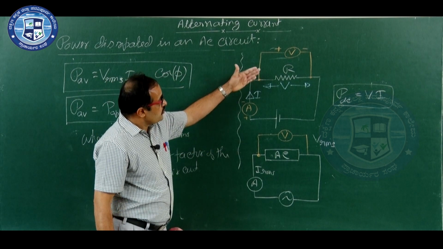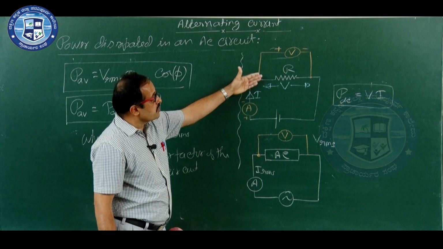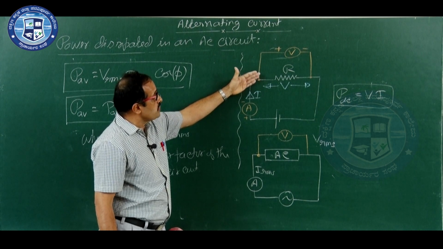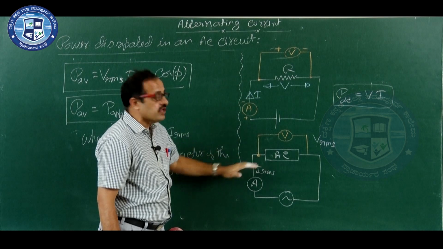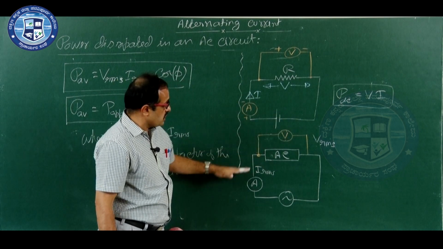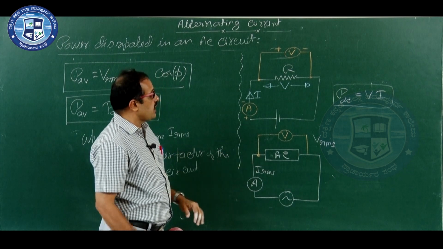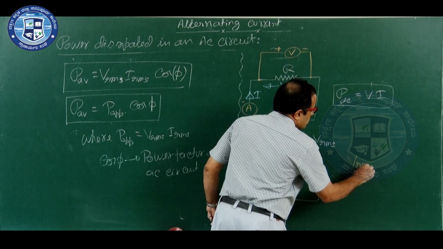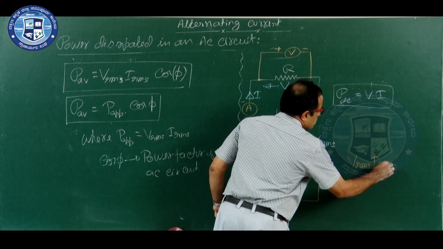So, you know how to experimentally calculate power consumption in a DC circuit. Same idea is taken to the AC circuit. Therefore, this voltmeter shows V RMS and this ammeter shows I RMS. You multiply both of them, V RMS into I RMS.